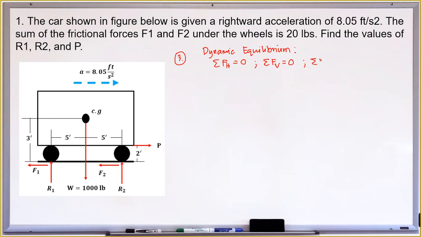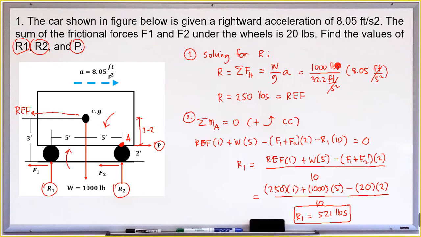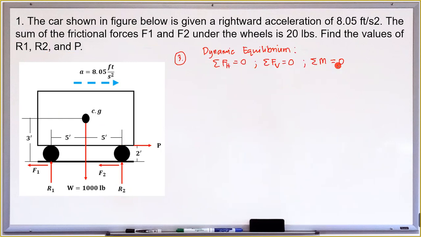And finally, summation of moment at any point within the rigid body should be equal to 0. So what we did in the previous solution, kaning number 2, we used the summation of moments. Now, in order to solve for R2, we take summation of forces na lang at the horizontal. Okay? So summation forces at the horizontal, that should be equal to 0.